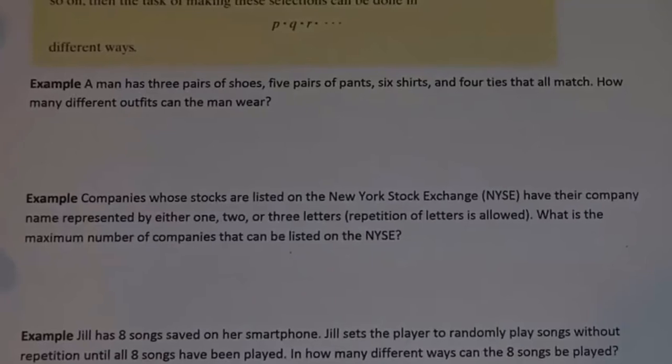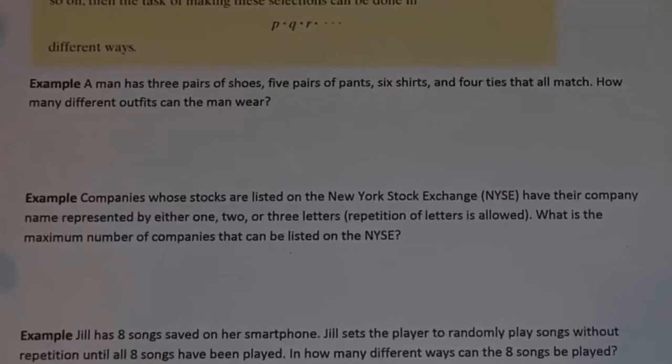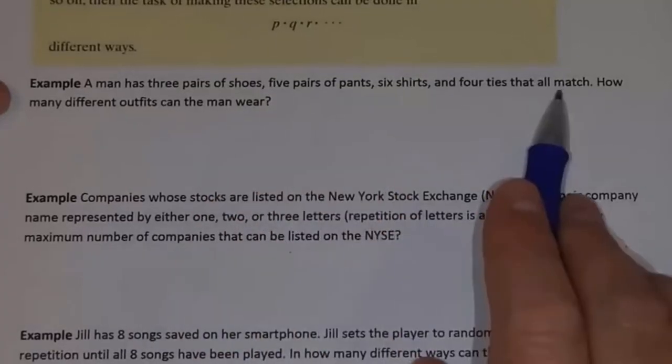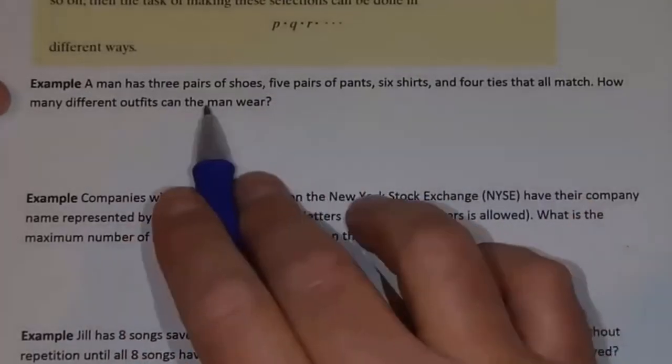The man has to wear a pair of pants, so he's going to pick 1 pair of pants. The man has to wear a shirt, so he's going to pick 1 of the shirts. And he has to wear a tie, so he's going to pick 1 of the ties. So it's not a scenario where, oh, maybe I'll leave the ties off, or maybe I'll go barefoot. Those aren't options.